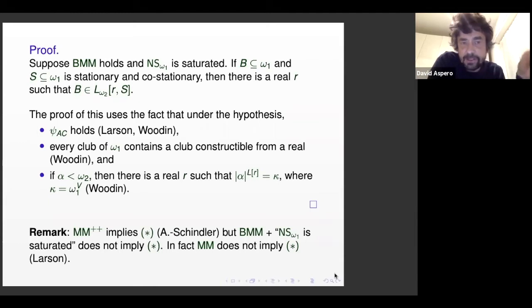By the way, this second theorem is not subsumed by the first one, because MM++ implies star, but BMM and NS saturated does not imply star. In fact, Martin's maximum does not imply star.